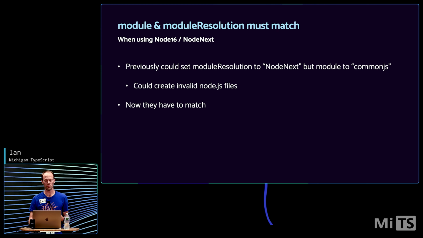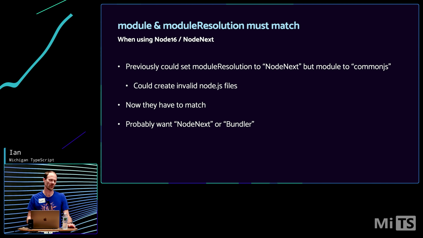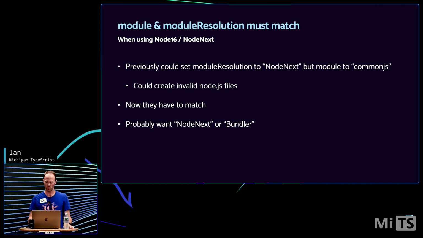But now, if you do mix and match them, TypeScript itself will error. And you probably want to just either use Node.next for both of them or just leave it unset as your module resolution, because that's the default if you choose the module system of Node.next. Or bundler if you're using a bundler like Webpack or Vite or something like that. Just leave that set and you'll be in good shape.